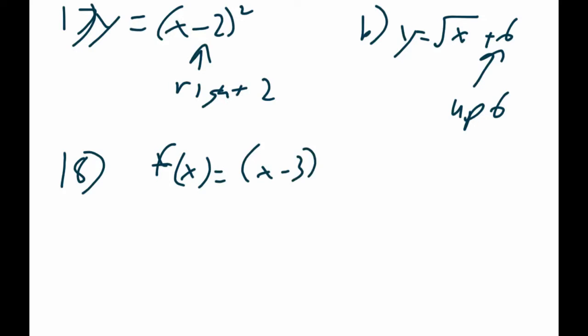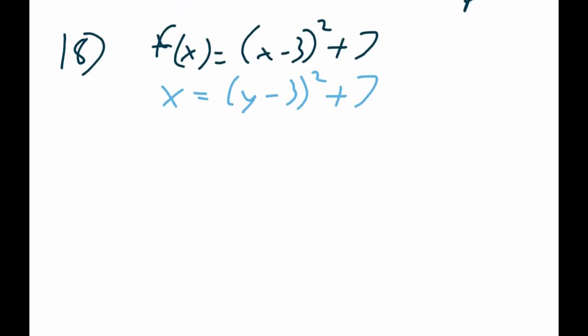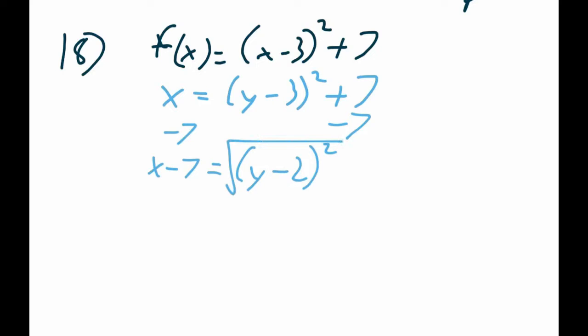For 18, we have f of x equals x minus 3 squared plus 7. And when we want the inverse, the first thing we do is we switch the x and the y. How do we get rid of a plus 7? We subtract 7. How do we get rid of a squared? With the square root.